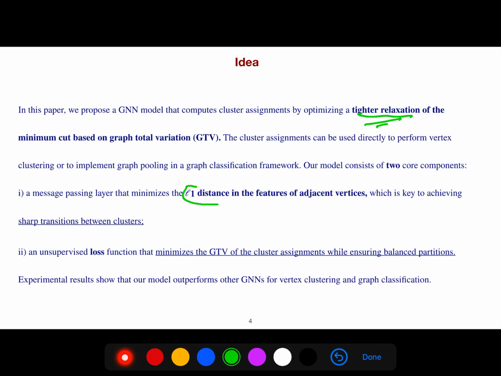Yes, this L1 distance makes it sharp. The second one is an unsupervised loss function that minimizes the graph total variation of the cluster assignments while ensuring balanced partitions.